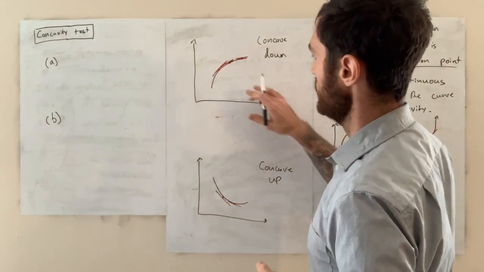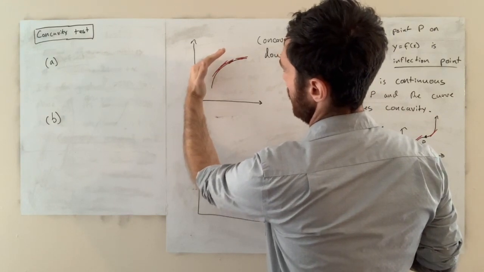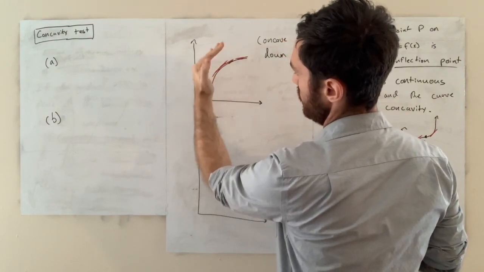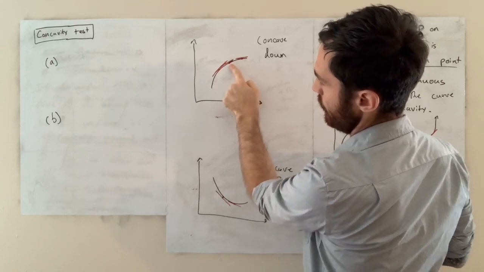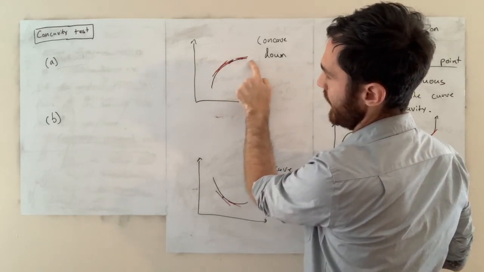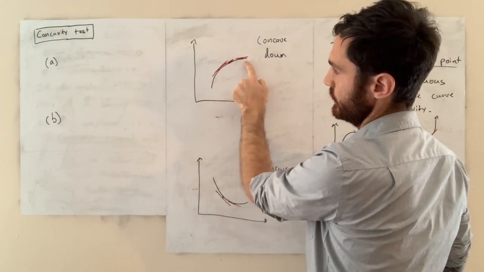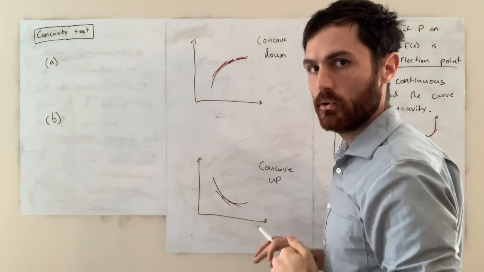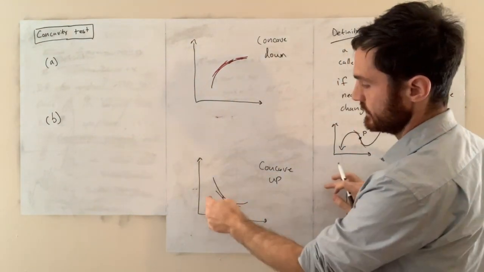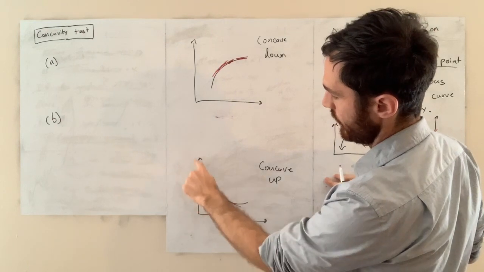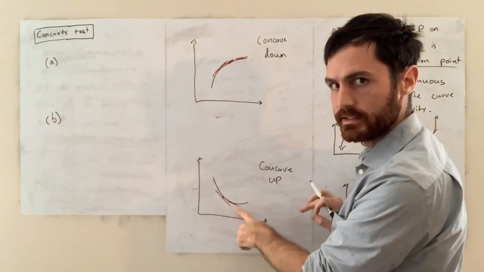For example, if we draw this tangent line and I pick another point, I'm still going to have a positive tangent line, but it's starting to get flatter and flatter. That means that the slope of the tangent line is decreasing, or the derivative is getting less and less. And then similarly here, we start out with a negative steep slope, and then it gets less steep.